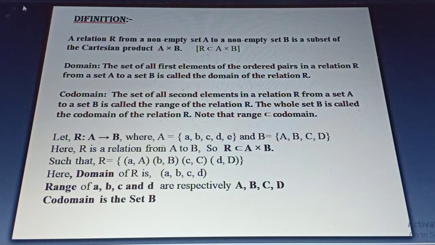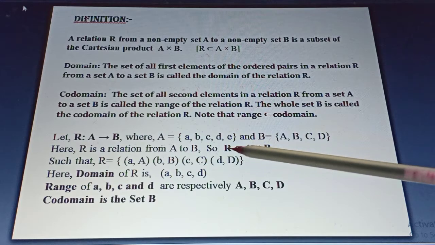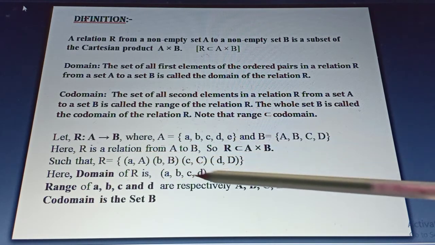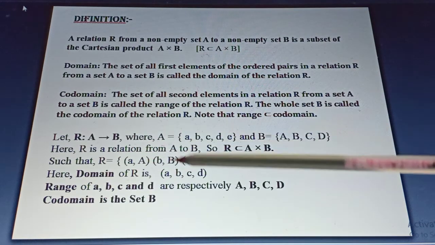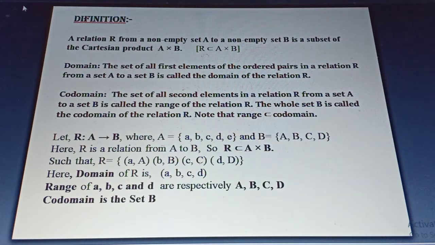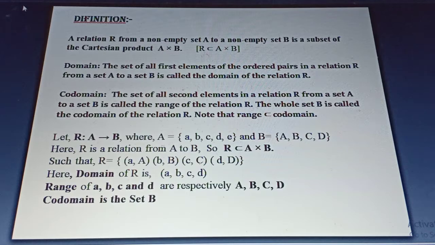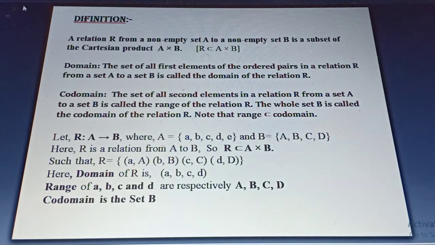Suppose this is the relation R, having the elements small a capital A, small b capital B, small c capital C, small d capital D. These are the elements of a particular relation. Here the first elements, small a, small b, small c, small d, are called the domain of R. So students, what is the range of R?